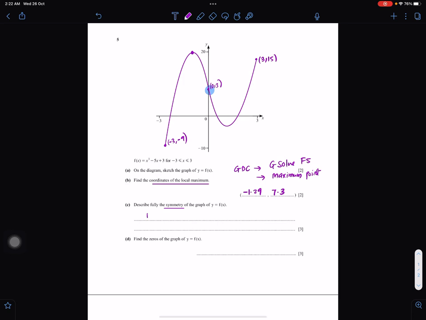First thing, that it is a rotational symmetry. And from where? So you have to also mention the center of rotation. And the next thing you have to mention is what is the degree of the rotation.